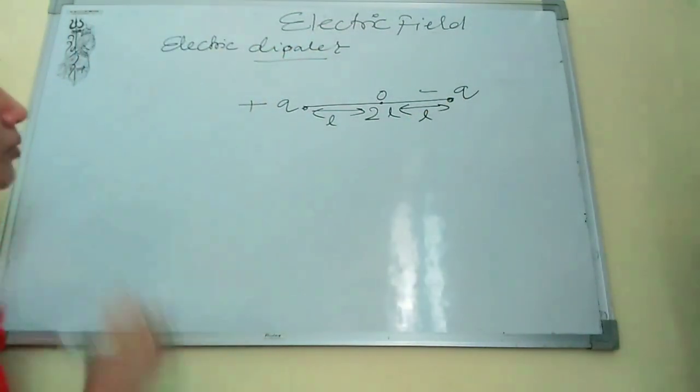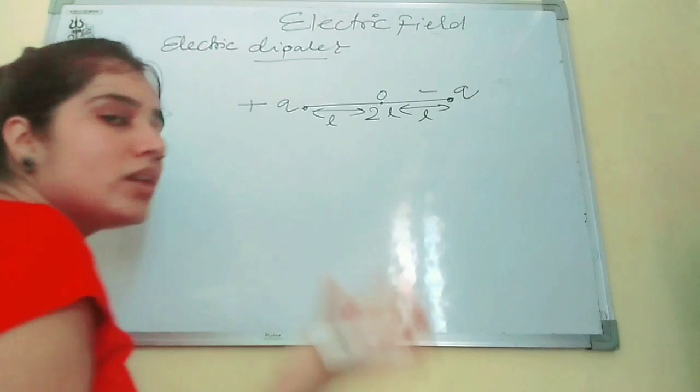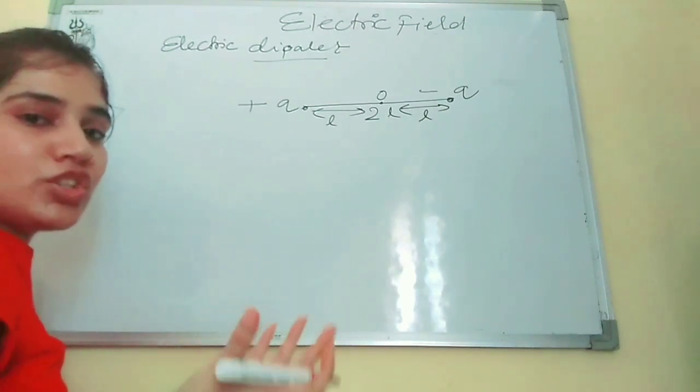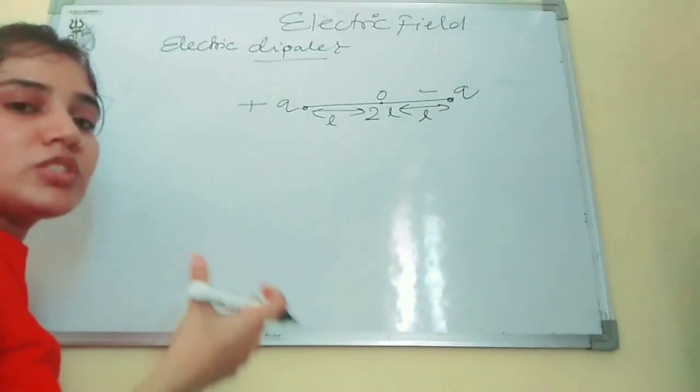So what is a dipole? Dipole is the separation of two charges by some small distance.